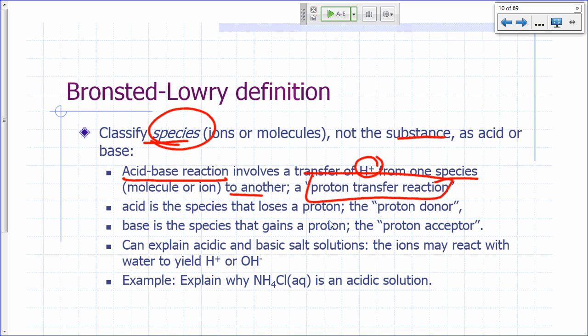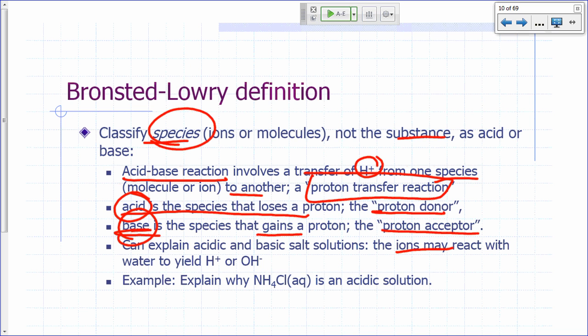During a proton transfer reaction, the species that loses the proton is called the proton donor, and that's your acid. The species that accepts the proton, that gains a proton, the proton acceptor, is your base. This allows you to explain acidic and basic salt solutions as we showed earlier. The ions may react with water to form H+ or hydroxide.